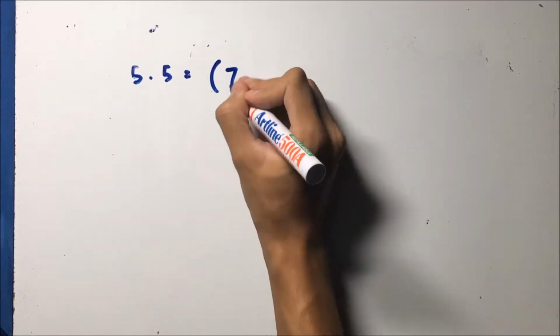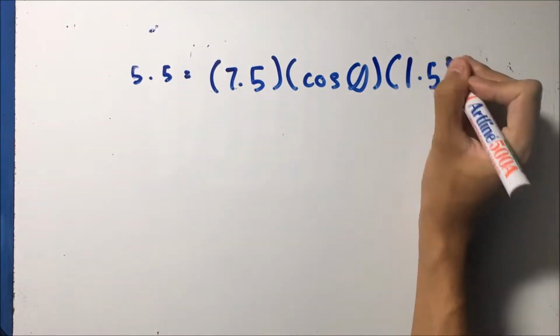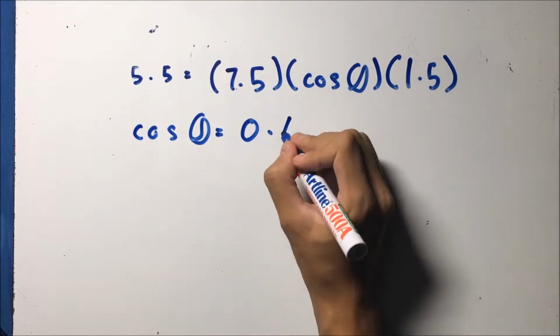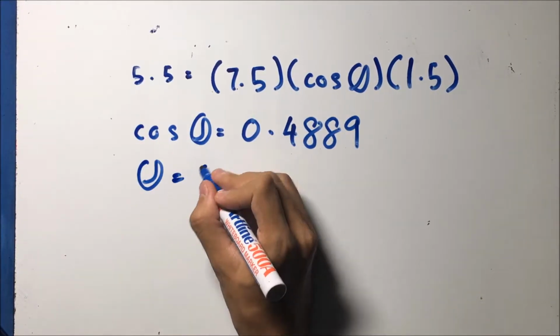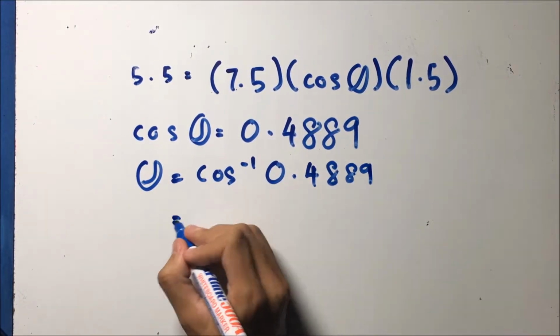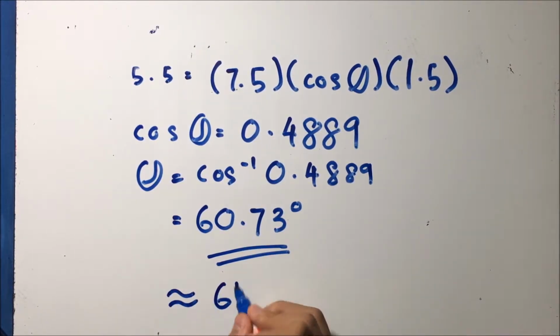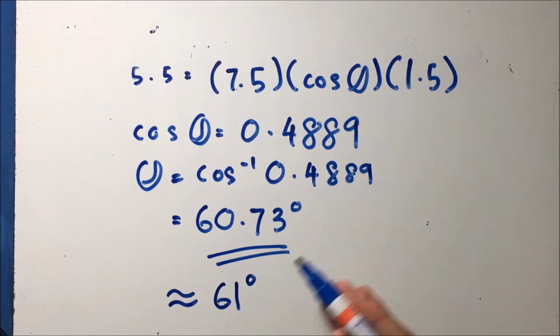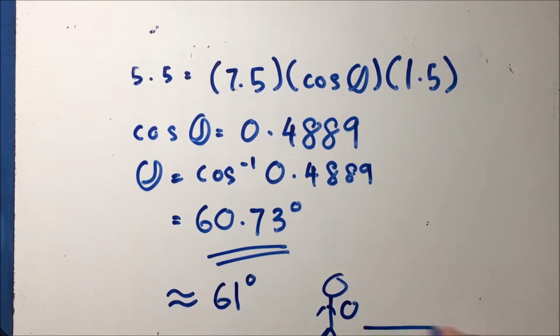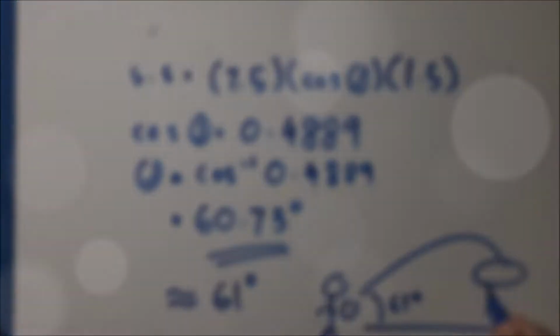With the information given, we can substitute into the equation. So we can find the cos theta, and eventually we can find the angle, which is a decimal value. But then we can just approximate it as 61 degrees to make it easy, so you can target it into the hoop.